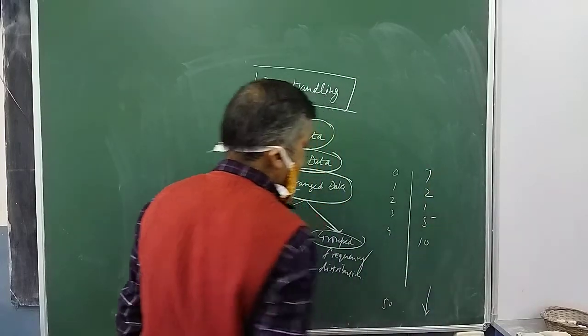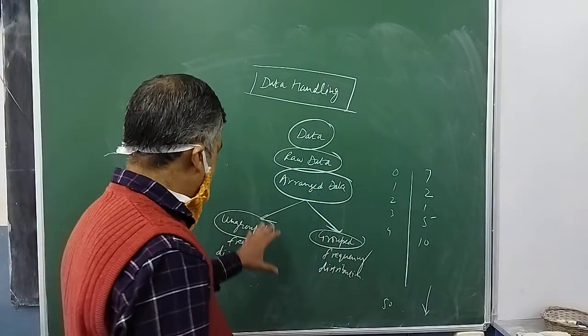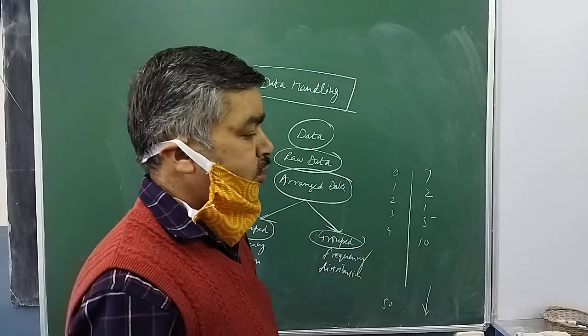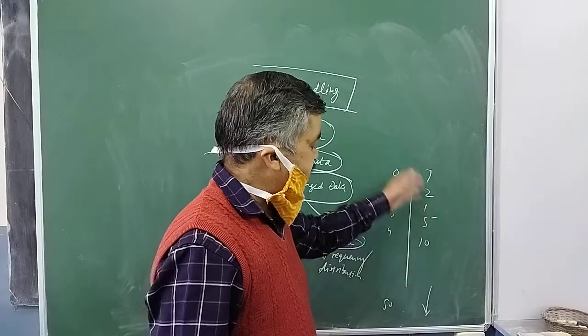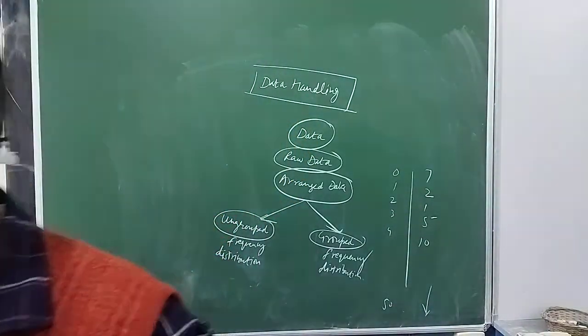When I am writing their number, that is called ungrouped frequency distribution. Now why ungrouped? Because 0 to 50 I have to write, and then how many students, their frequency, number of students, because I am mentioning there, that is called the frequency.